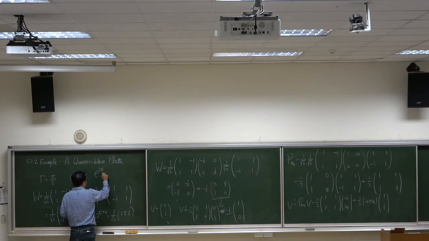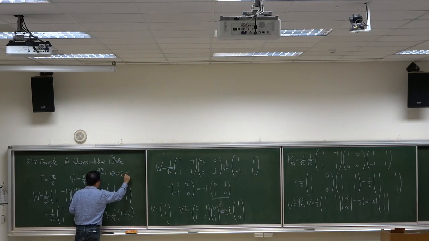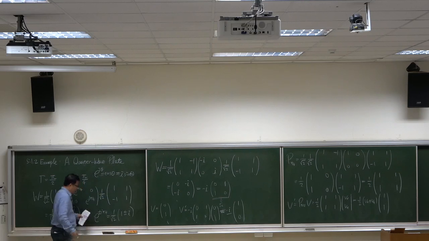Exponential i theta is equal to cosine theta plus minus i sine theta, okay? And substitute theta equal to 1/4 pi into this expression and you get this result.